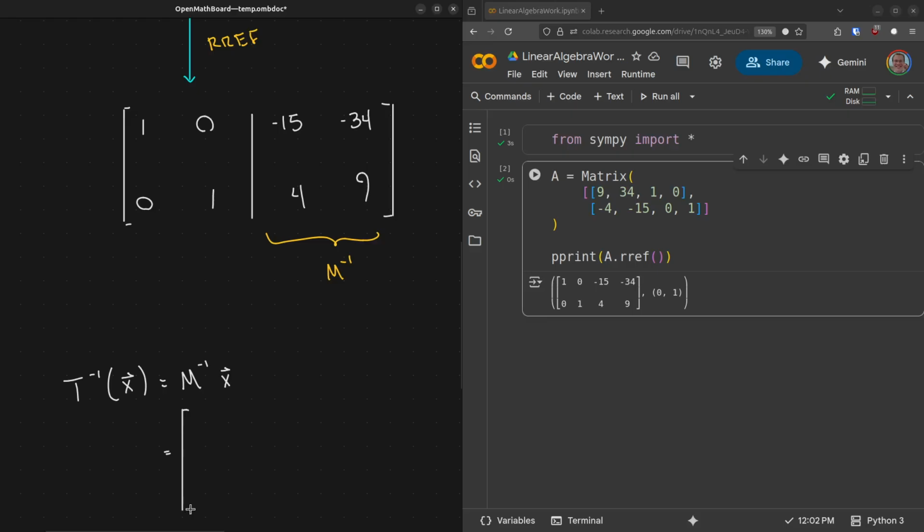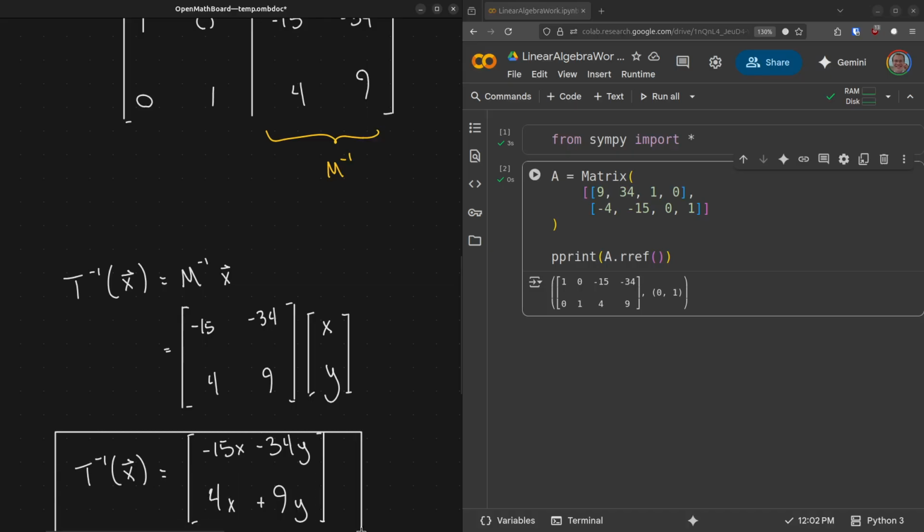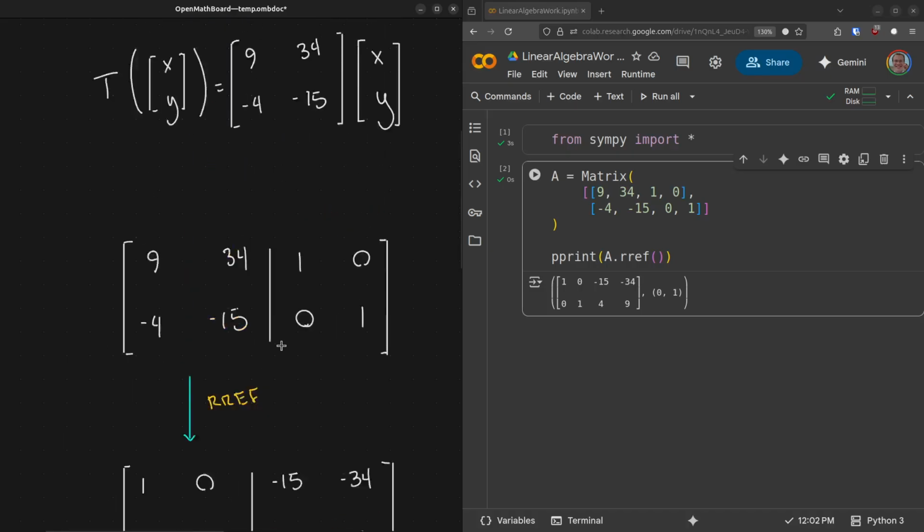So that's going to be negative 15, negative 34, 4, 9 times the input vector with components x, y. Okay, and if we actually do the matrix vector multiplication, we get negative 15x minus 34y in the first component, 4x plus 9y in the second component. So that is the inverse transformation of our original transformation T.